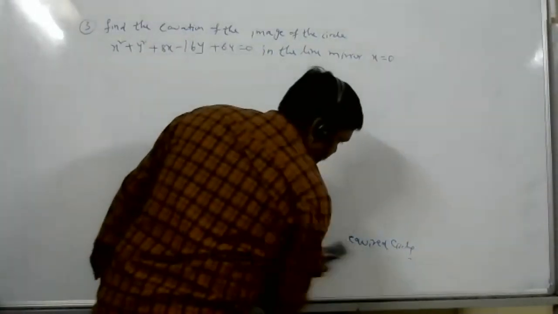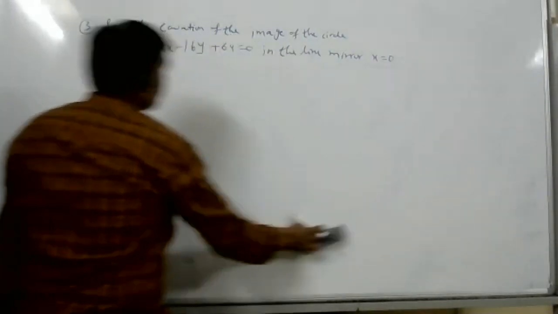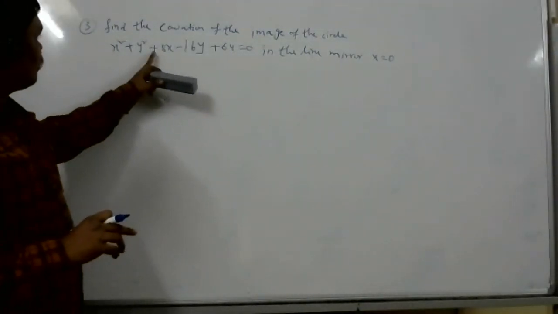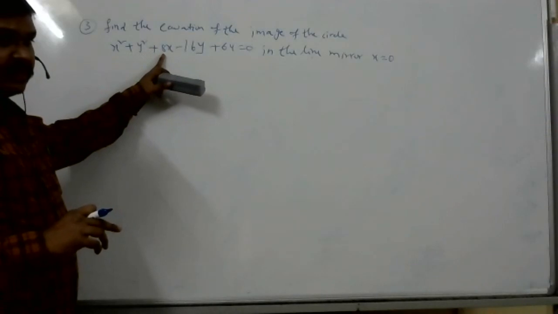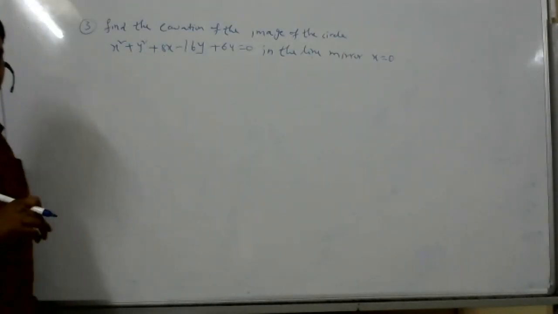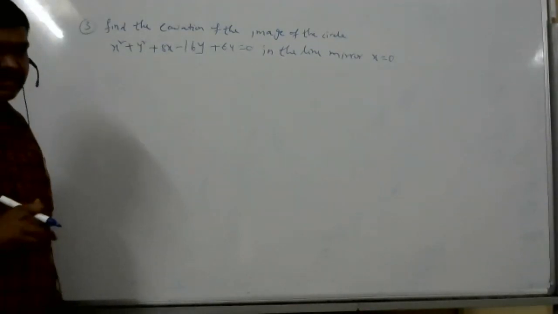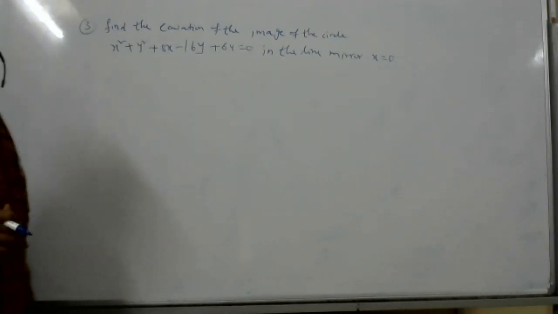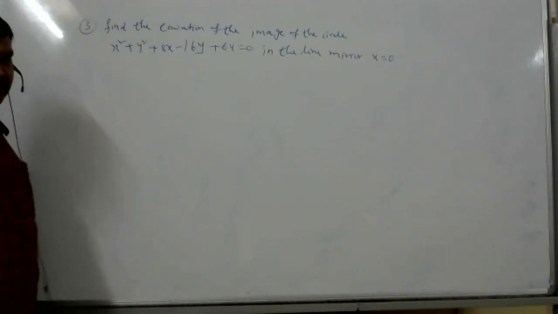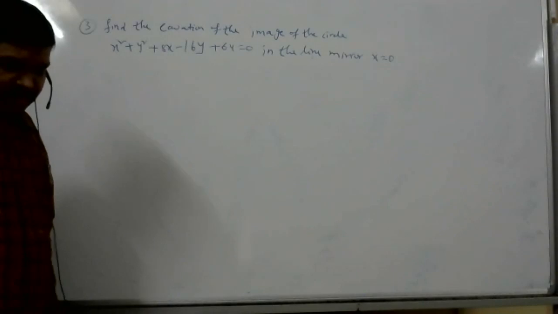So doesn't it just become minus 8x? No, sir, to find the mirror along x equals 0, which is the y-axis, we just have to change the x. Yes. So it'll become minus 8x, right? x squared plus y squared minus 8x minus 16y.